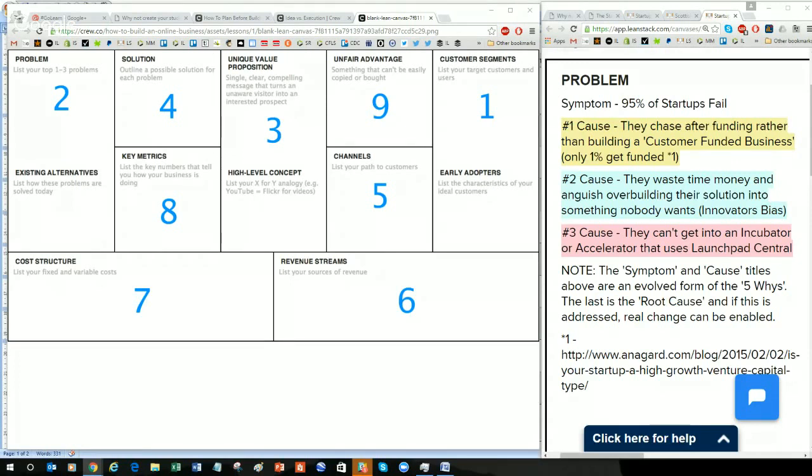So when we think about the causes, well, why did they fail? Well, some of them chase after funding rather than building a customer-funded business. And the stats tell us that only 1% of startups get funded. There's a reference here at the bottom, Is your startup a high-growth VC type? So that's external research that's given us that information.